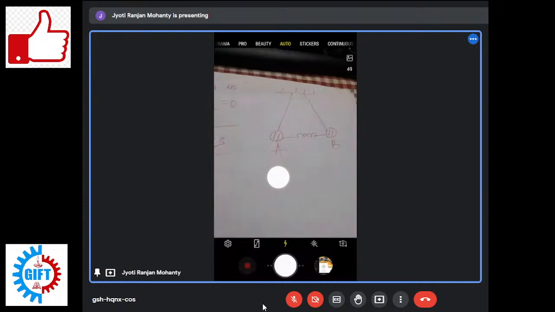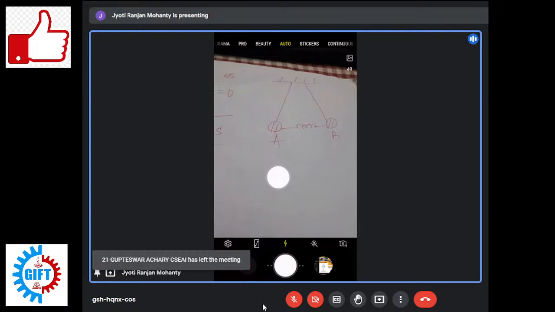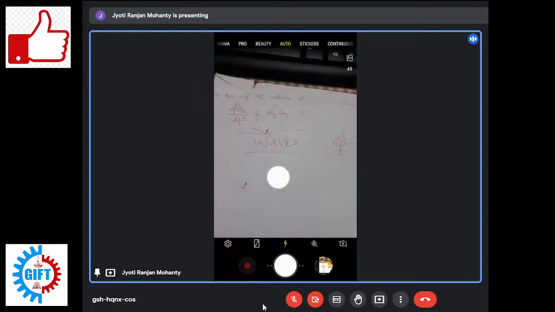The total energy. You write the question, all of you write. The total energy of a one dimensional simple harmonic oscillator is 0.8 erg.